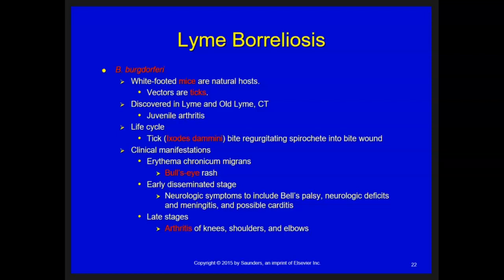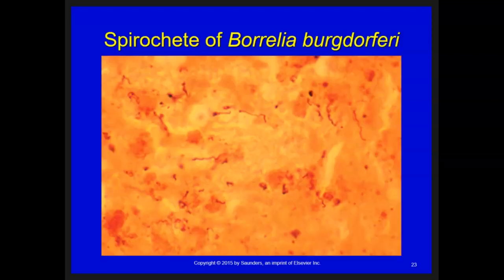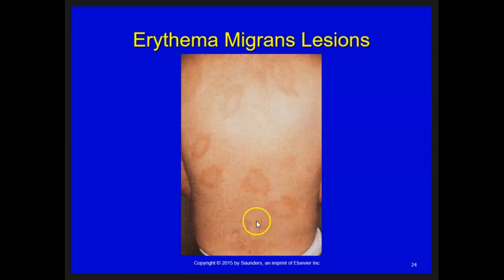The life cycle, the tick again bites and regurgitates the spirochete into the wound, and the Ixodes dammini tick is what transmits Lyme disease, so you may need to know that. It also causes a bullseye rash, and in late stages, arthritis. So here is the spirochete. And then here is our bullseye rash, also known as erythema migrans.